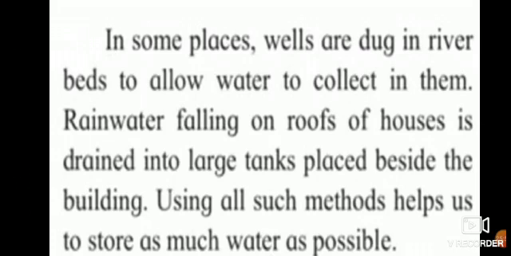Some of them try to collect whatever roof water comes down in big tanks, or in small ones. They make a tank next to their houses, and they let that same water flow into the small tanks near the house.